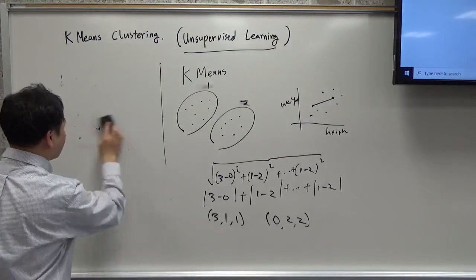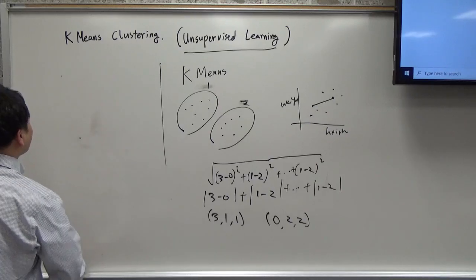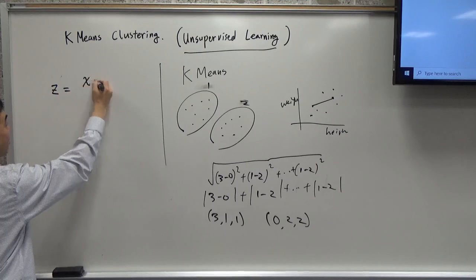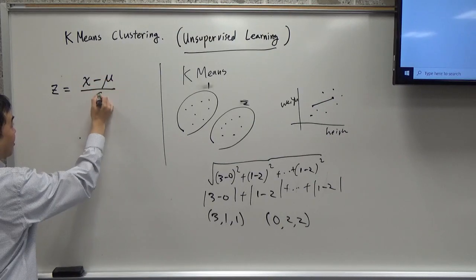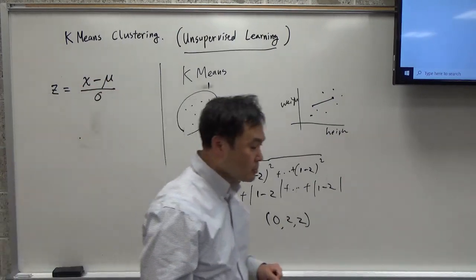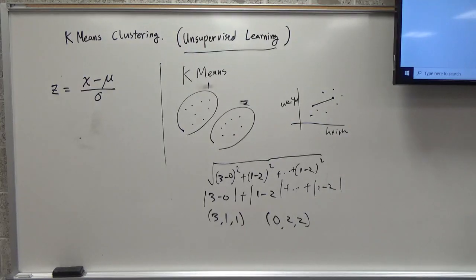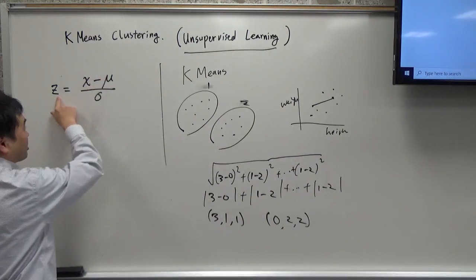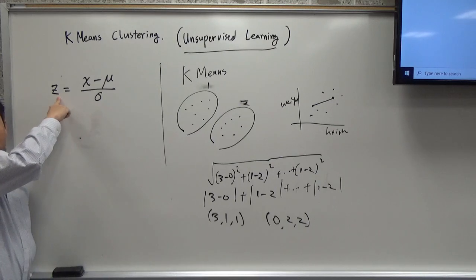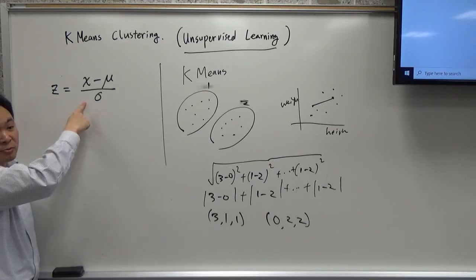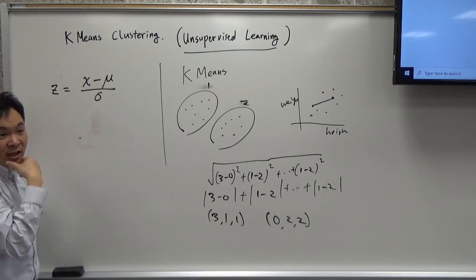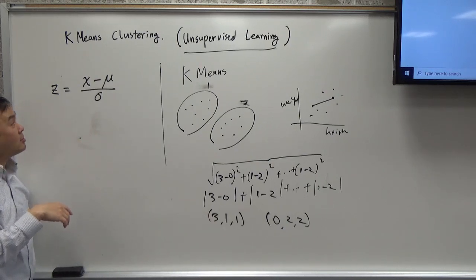What's the z-score? Z-score is you take any value, subtract the mean, and divide it by the standard deviation, right? If you do that, then this quantity z-score is always dimensionless. So doing this kind of transform before feeding into k-means or k-n would be advised. Okay.